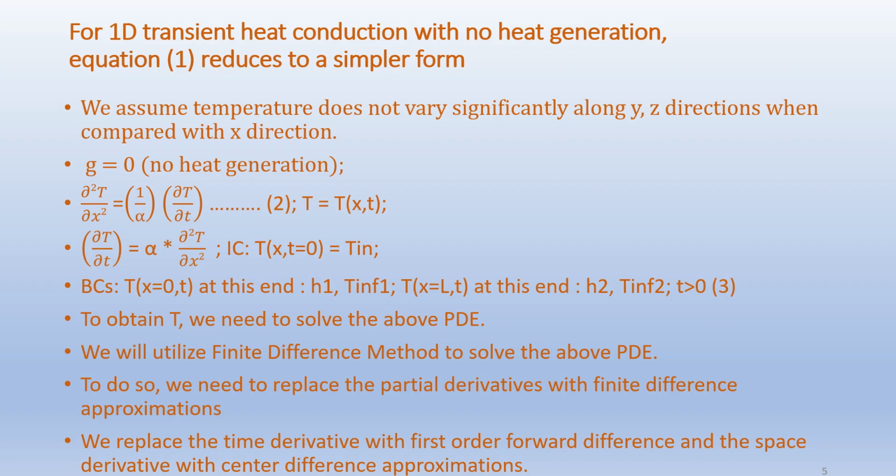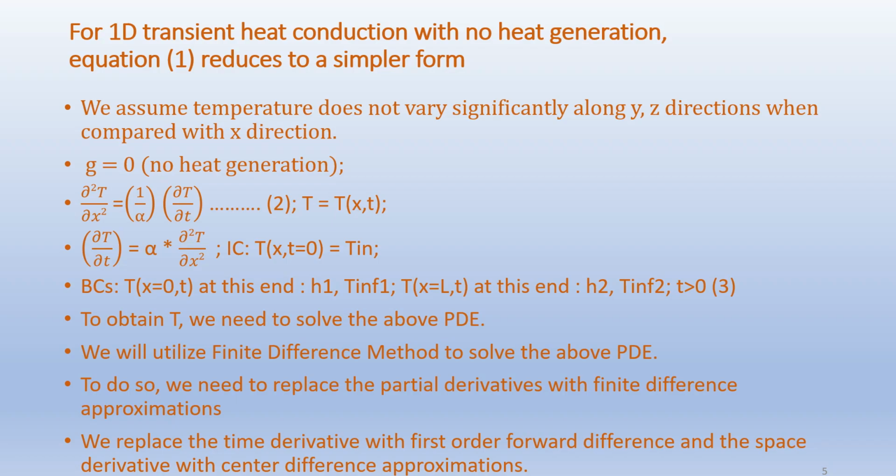Also, there is no heat generation term involved, so G equals 0. Accordingly, we get ∂²T/∂x² = (1/alpha) ∂T/∂t, and T is a function of x and t.